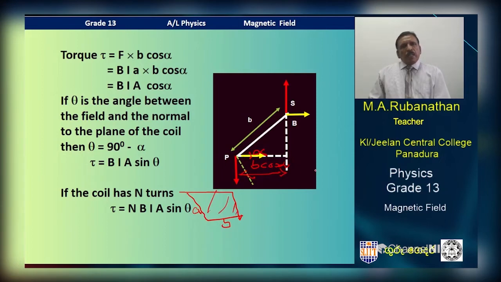So now we get the final result. Torque on the rectangular coil is equal to BIA cos alpha.